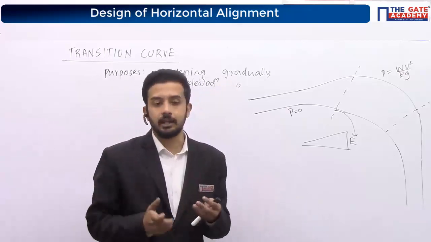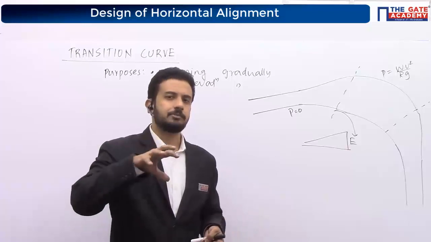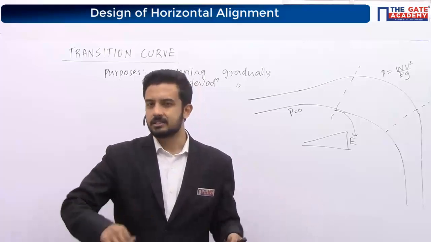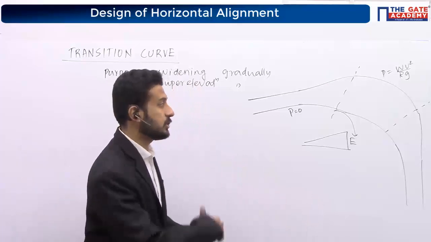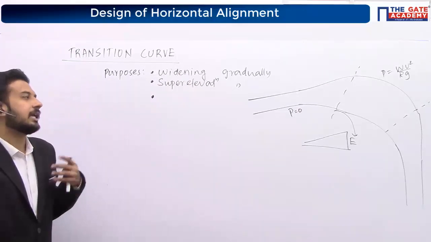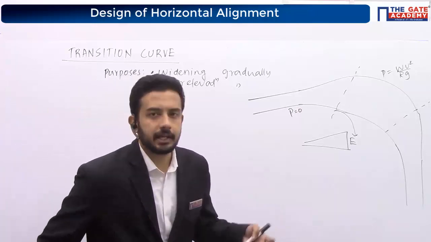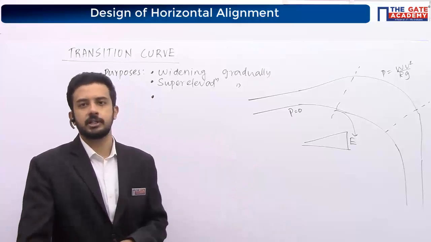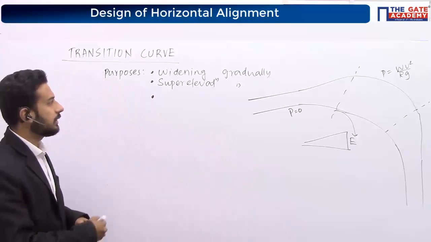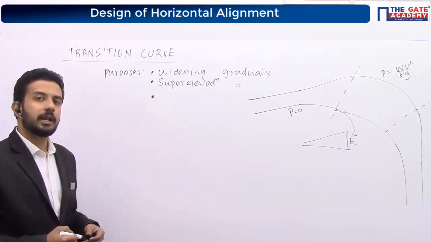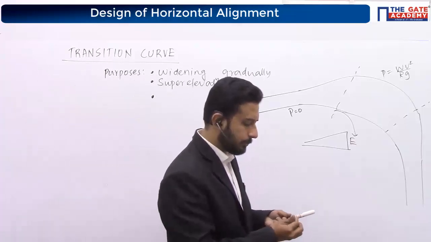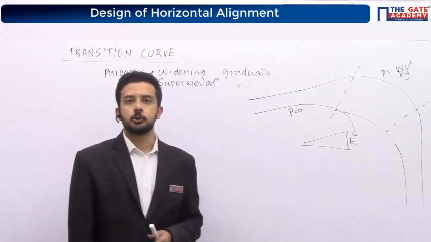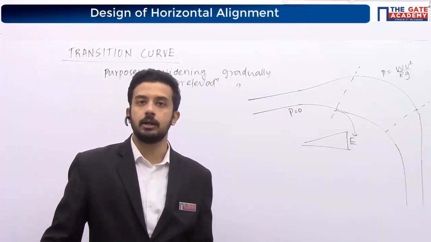So you'll get the feeling, okay, I'm going into a curve, I have to reduce the speed a little bit. If a turning comes suddenly, there is a chance of overturning, because you may be coming at high speed. You will get a feeling of a curve if you are given a transition curve. So that's another point you can write: the super elevation will be acting gradually only.